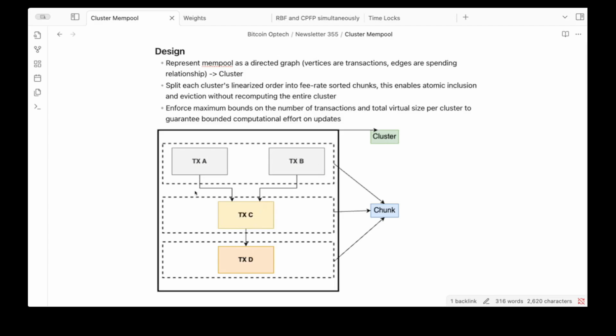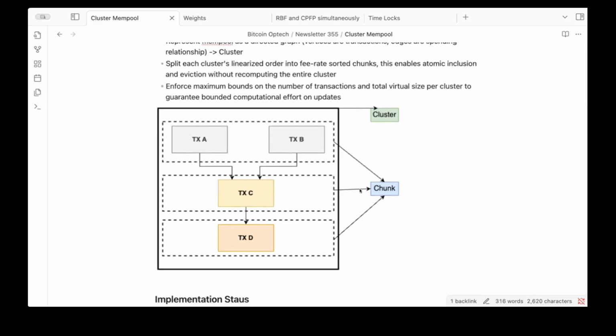A and B are direct ancestors to C, and they are classified as a chunk. C is a chunk by itself, and D is a chunk by itself. So this is the basic design of a cluster mempool.